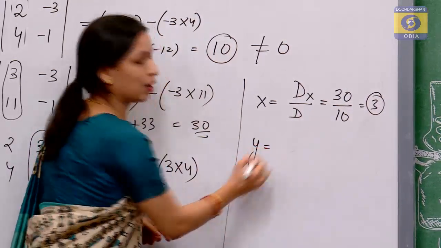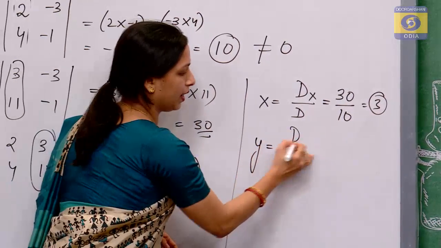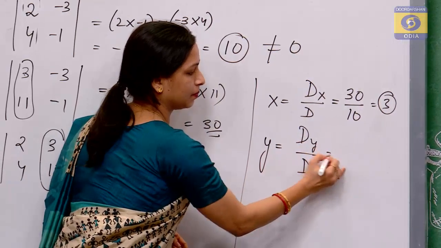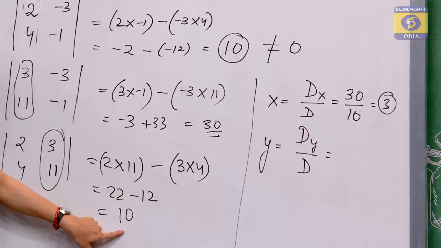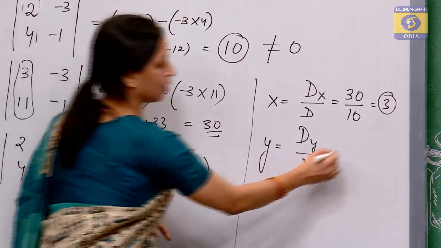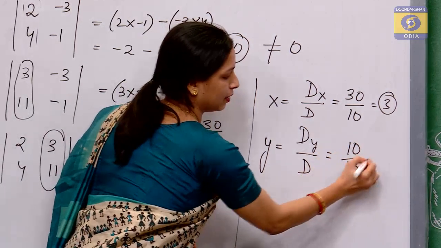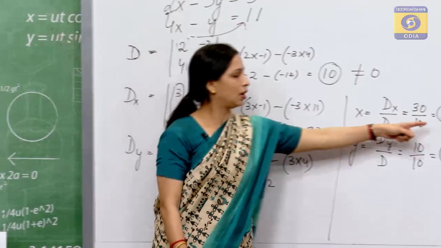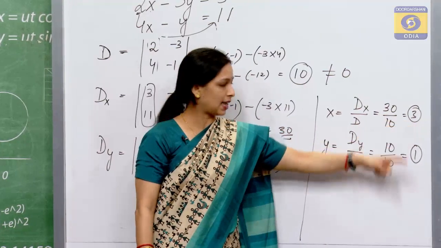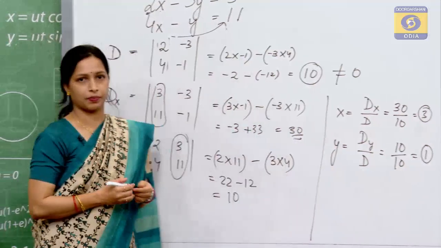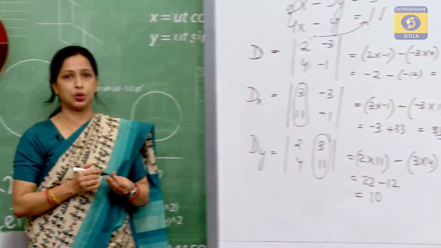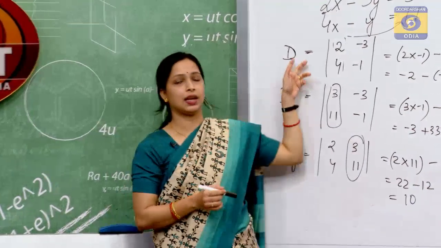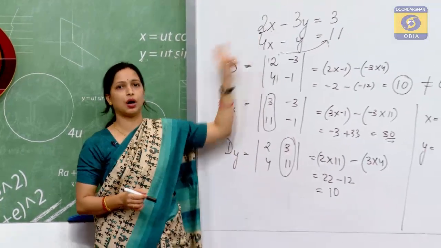Similarly, to find the value of y, we divide Dy by D. The Dy value is 10, so 10 by 10, the answer is 1, right. So, this is the value of x and this is the value of y. This is how we can use Cramer's rule in solving linear equations where there are two unknown variables.